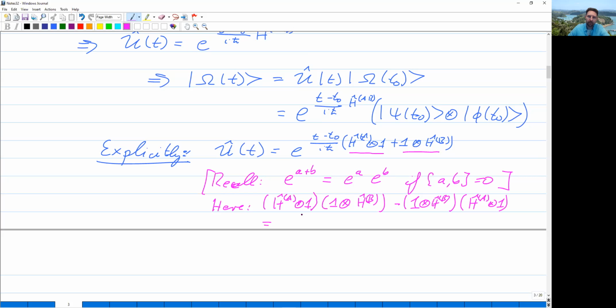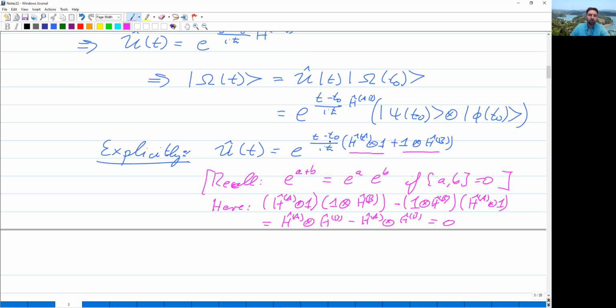Well, what is this? If you remember the axioms for tensor products of operators, you know that this is H hat A tensor H hat B, because you simply multiply the first element with the first element and then tensor it with the second element times the second element. So you get this, and then minus, and here the same, first element multiplied with the first element gives us an H hat A, tensor second element with second element, that's H hat B, and we see this is 0. Great, so these operators here commute. These are just numbers in front, they don't matter anyway.